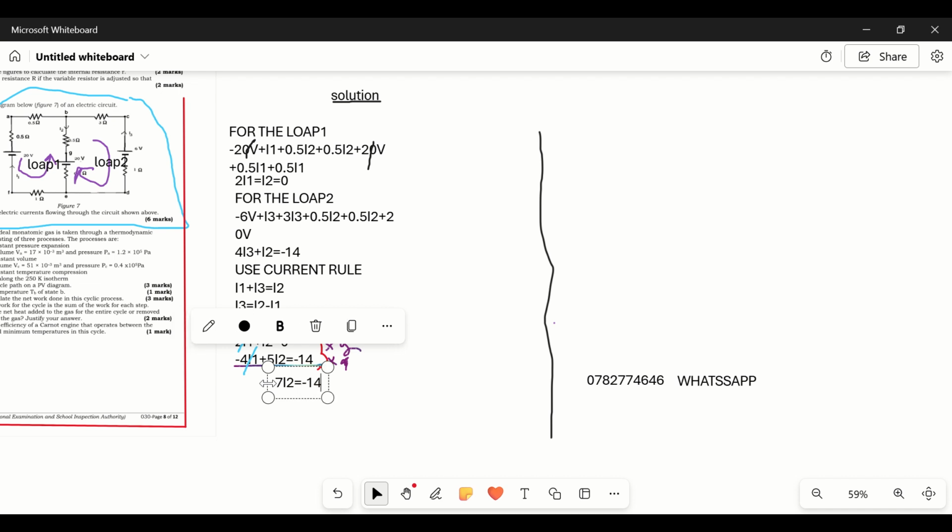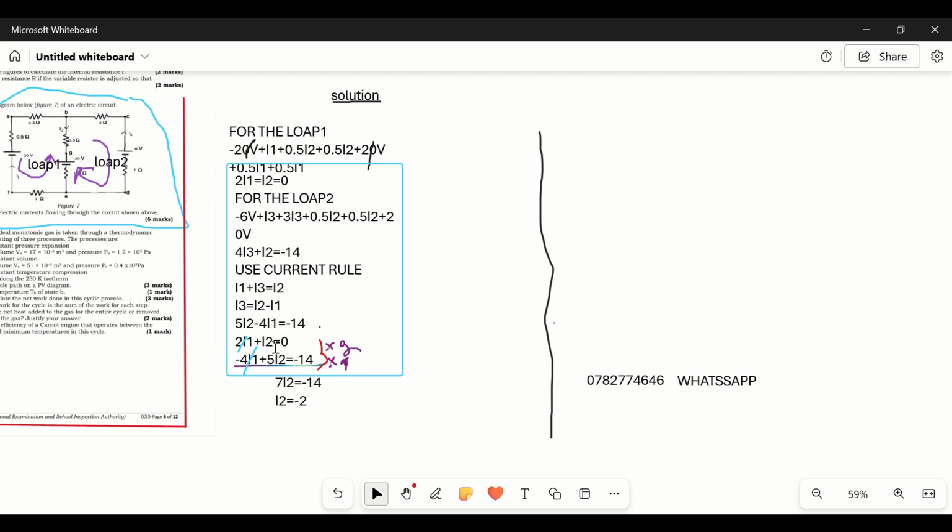So finally we have I2, which will be equal to negative 2.